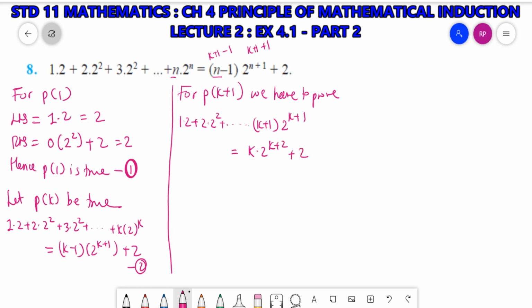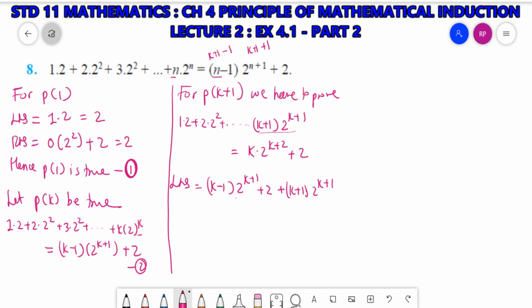Now let's take LHS. For that, we will use the shortcut. Before this term, it will be k into 2 raised to k. So in this equation 2, I will write (k minus 1) into 2 raised to k plus 1, plus 2, plus the last term, (k plus 1) into 2 raised to k plus 1. Clear?